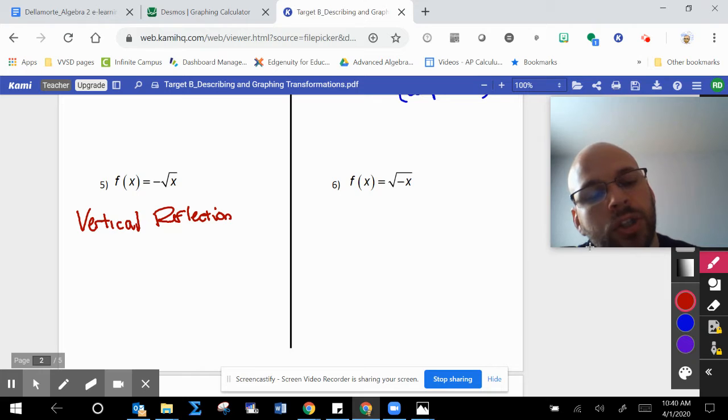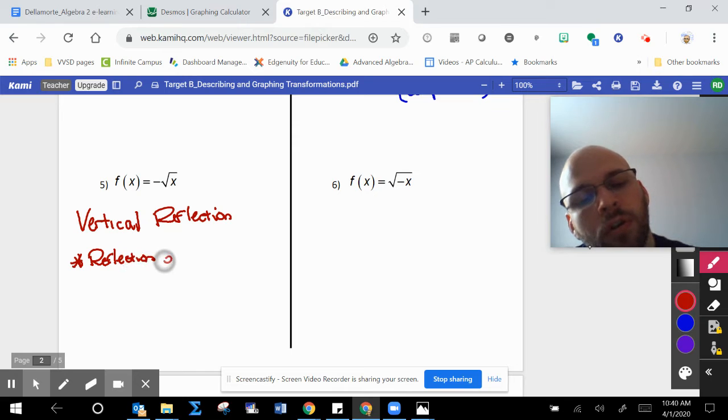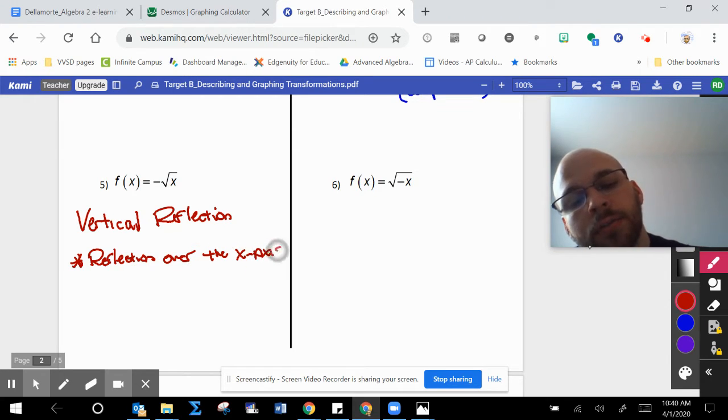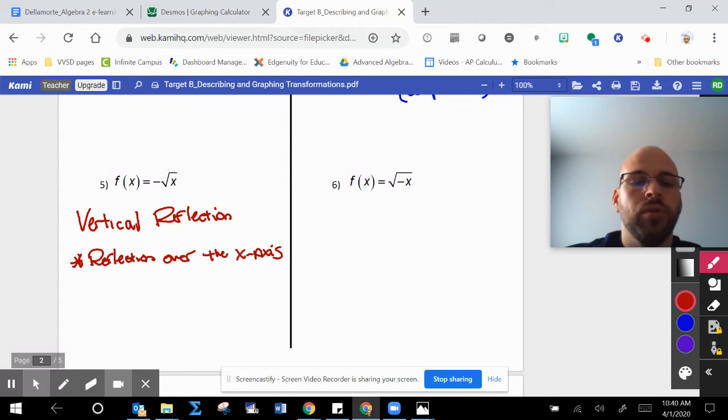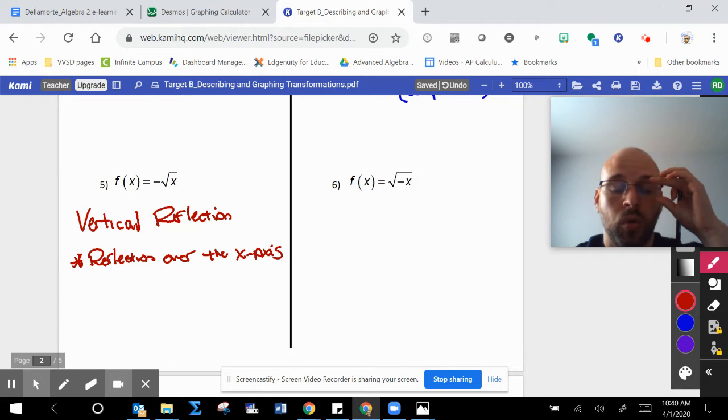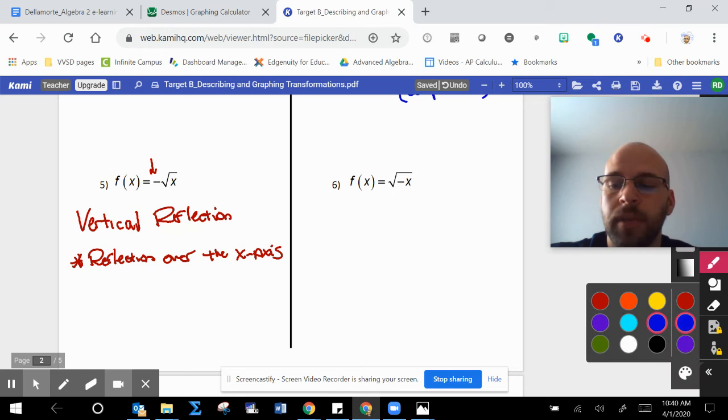Okay, and I probably prefer you to write, I have a reflection over the x-axis, right? So if I were to do a vertical reflection on something, that would fold it over the x-axis and put it on the other side in the other two quadrants. So anytime I have this negative here on the outside, that's always a reflection over the x-axis.